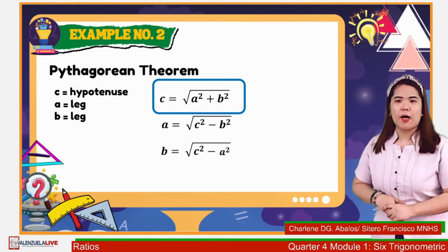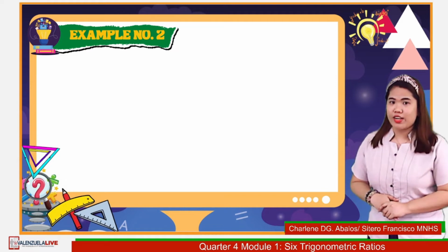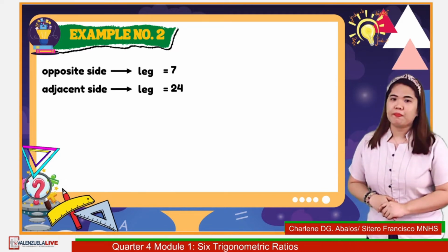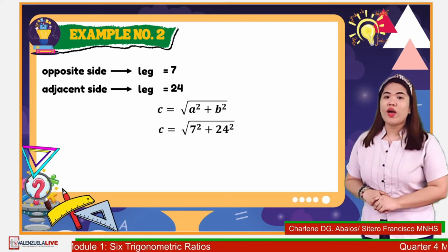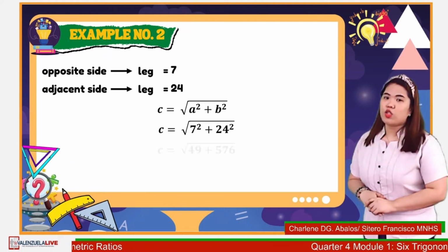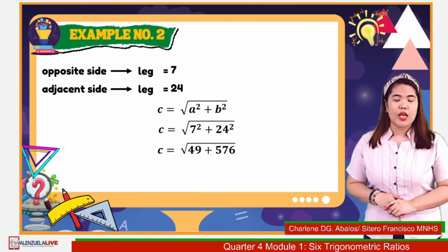Going back to the formula, the measure of the two legs are 7 and 24 respectively. Substitute, it will be C is equal to the square root of 7 squared plus 24 squared. And we will have C is equal to the square root of 49 plus 576.